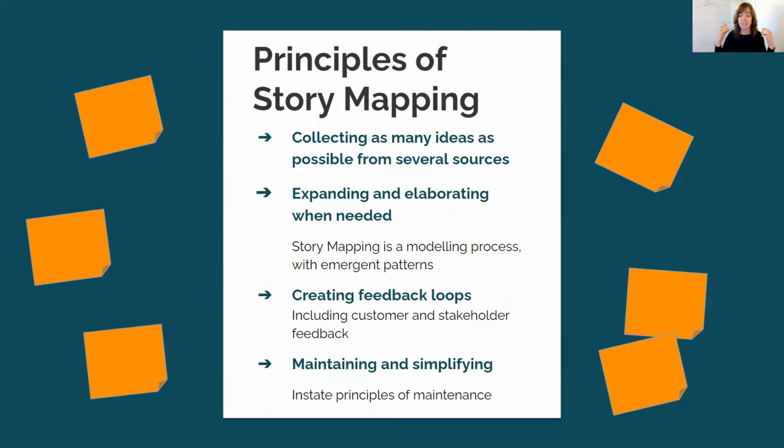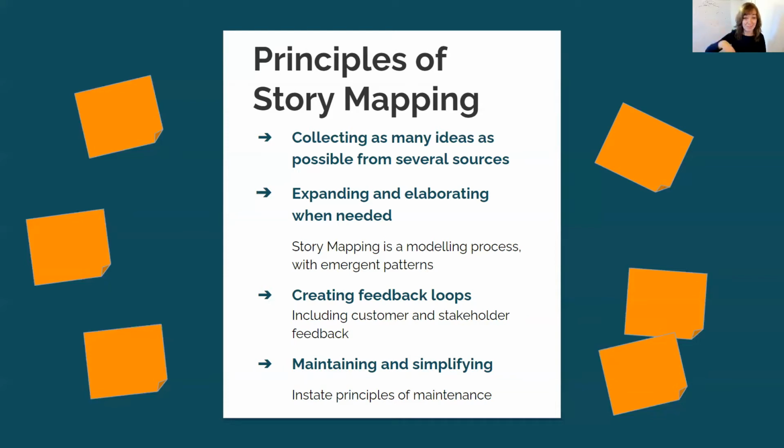But if it's something that's complex, if you don't have the full knowledge of how to make this into a success or how to complete this, then you need several perspectives, and that could include a team. It could include, like the third point here, creating feedback loops from customers and stakeholders. If you can in some way create a space for that kind of input in your story map, that is very, very valuable.